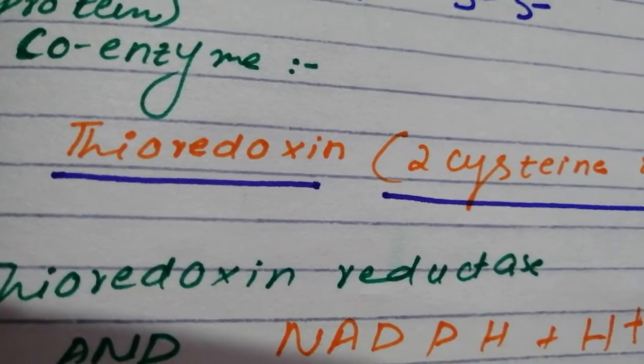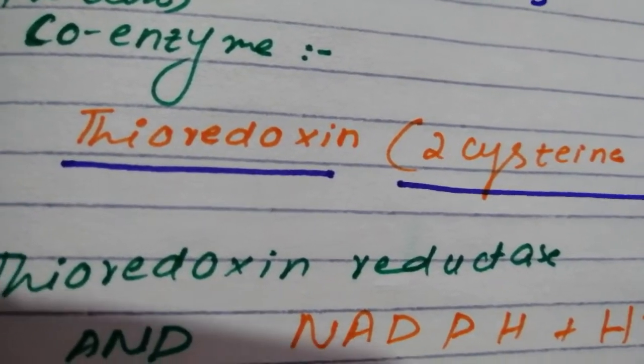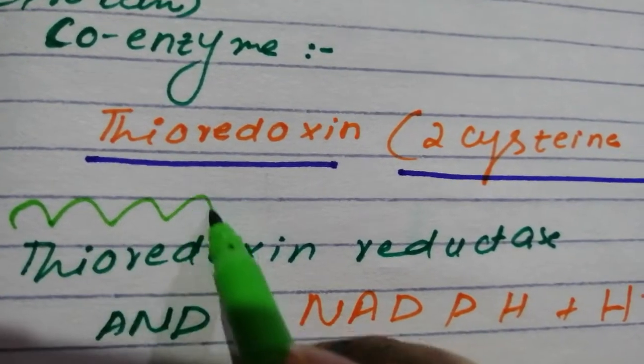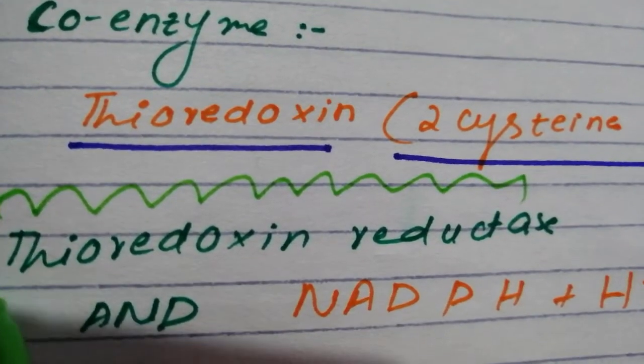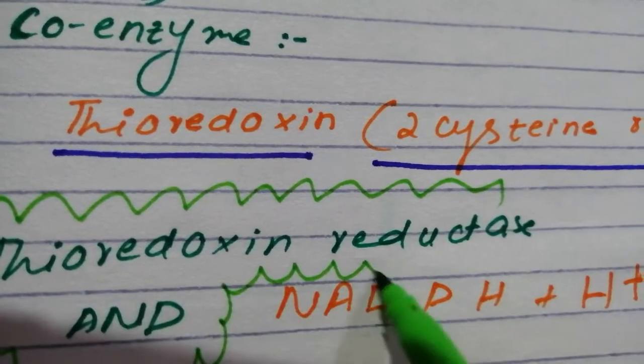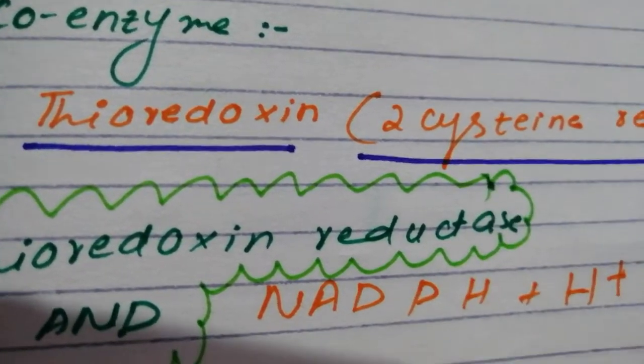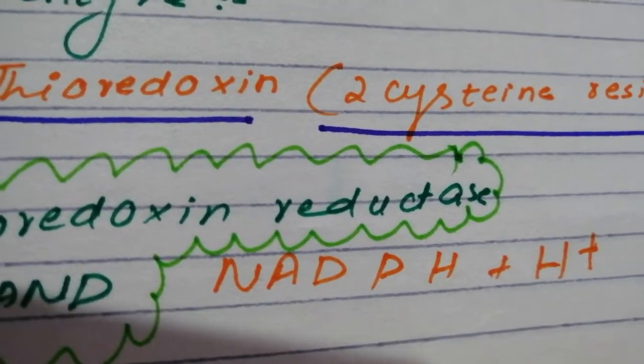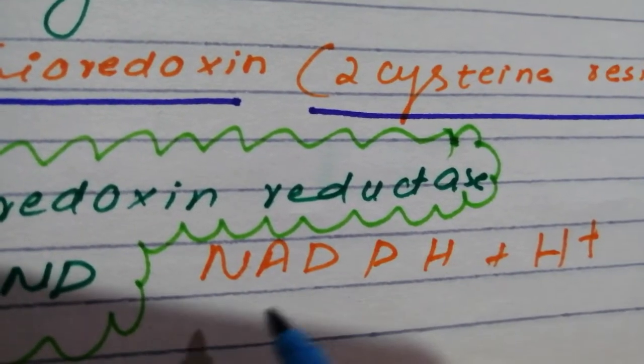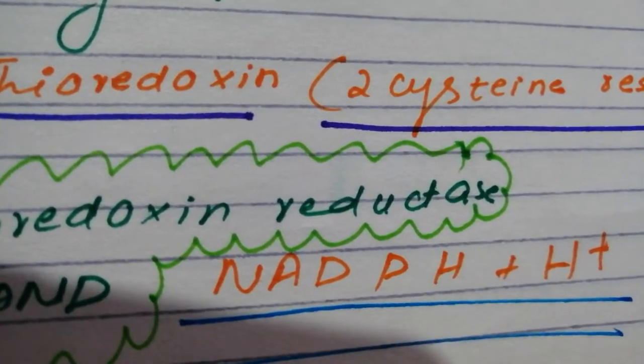And this enzyme is very important. It is a selenoprotein which you have encountered in first year. And you also need a reducing equivalent that is donated not by NADH, not FADH, but by NADPH. So this is very important.